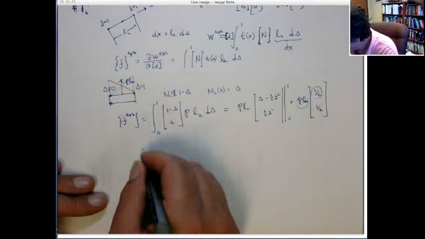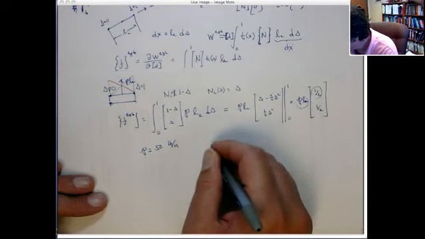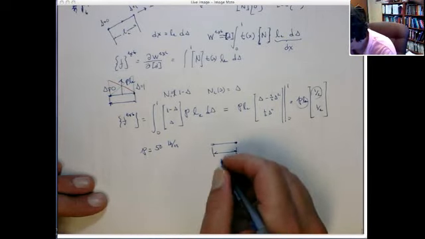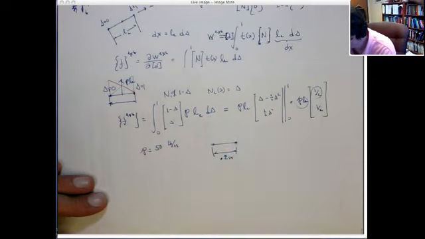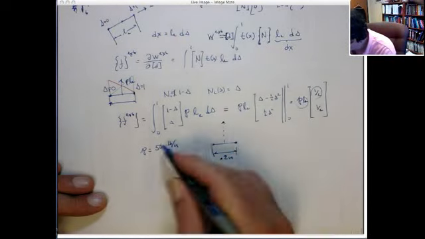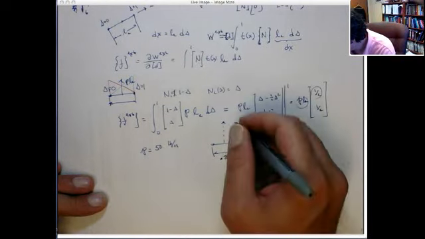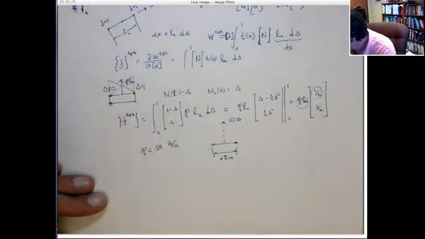So for example, if P is equal to 50 pounds per inch, and here's an element whose width here is, let's call it, 0.2 inches, all right? Then what that would mean is the total force acting on this edge would be the 50 times 0.2 inches, or that is 10 pounds, right?